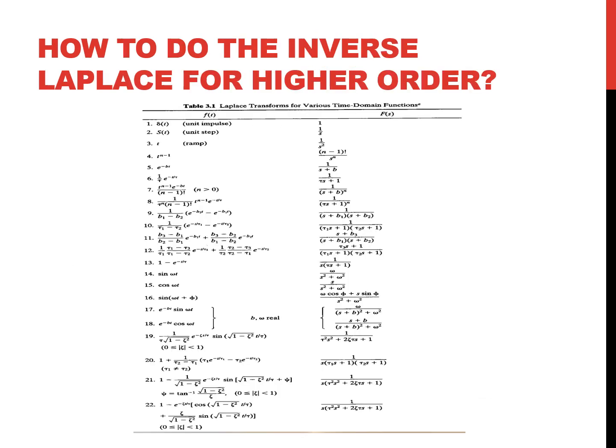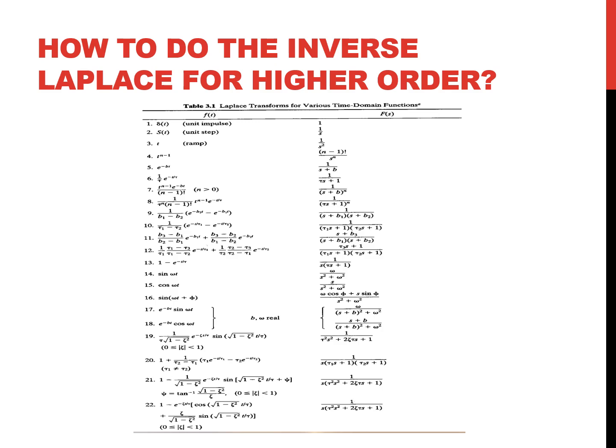So of course, when we obtain the transfer function for the given process, either first order or second order, the next step involves the inverse Laplace. We transform the S Laplace into the time domain in order to solve the problem.